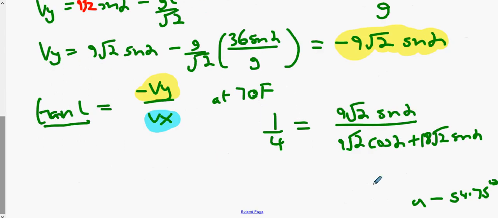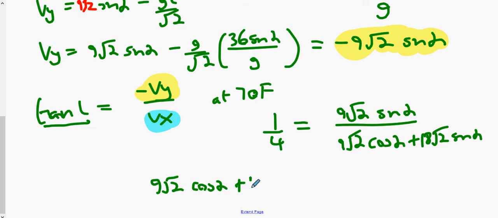Cross multiply and you should get 9 root 2 cos alpha plus 18 root 2 sine alpha, and then that equals 9 root 2 sine alpha.